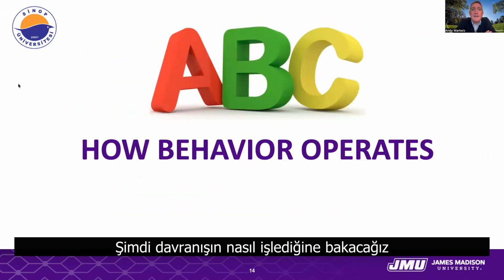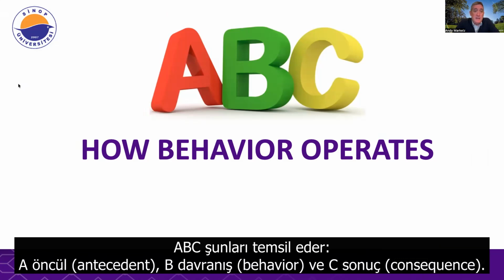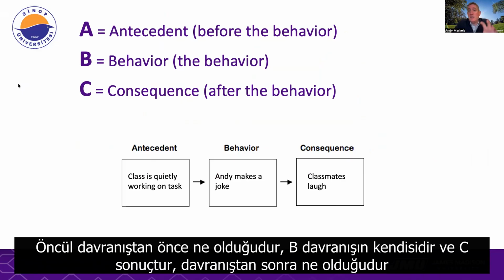So now we're going to look at how behavior operates. We put this into what's called a three-term contingency, the ABC. ABC stands for the antecedent, B, the behavior, and then C, the consequence. Antecedent is what happens before a behavior. B is the actual behavior itself.